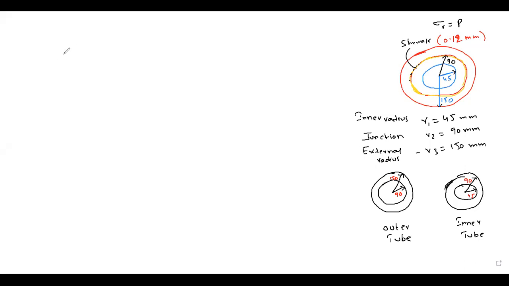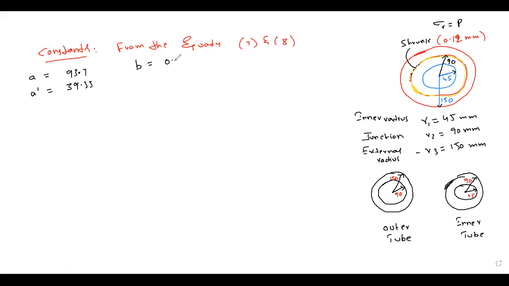See, the constants from equations 7 and 8, you will get a value as 93.7, a dash as 39.55, and b value as 0.189 and b dash value as 0.89.